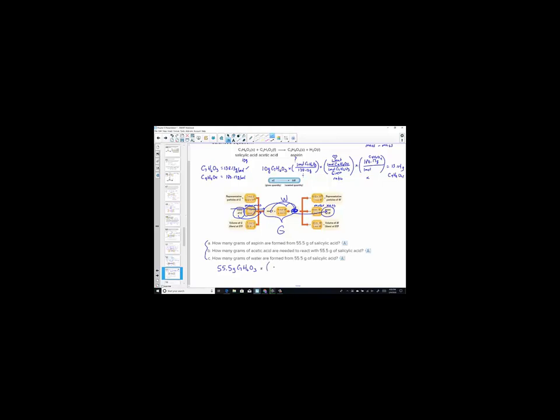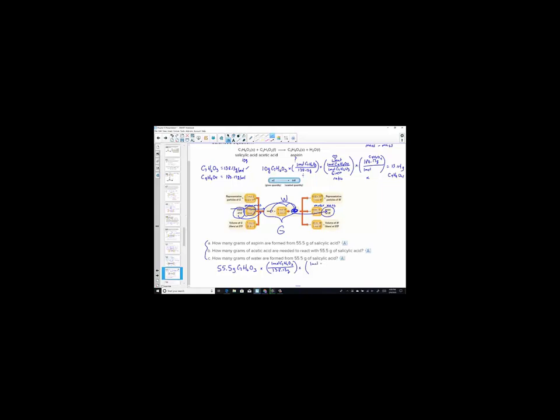So it's very similar to the one we modeled. We know that 1 mole of C7H6O3, the salicylic acid, has a molar mass of 138.13 grams. That's my divide to head into the mole. All these coefficients are 1.